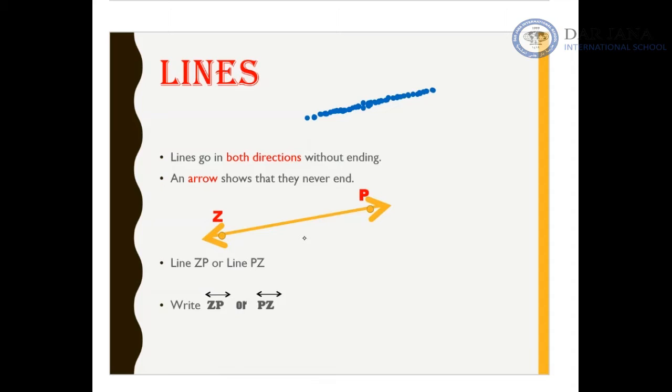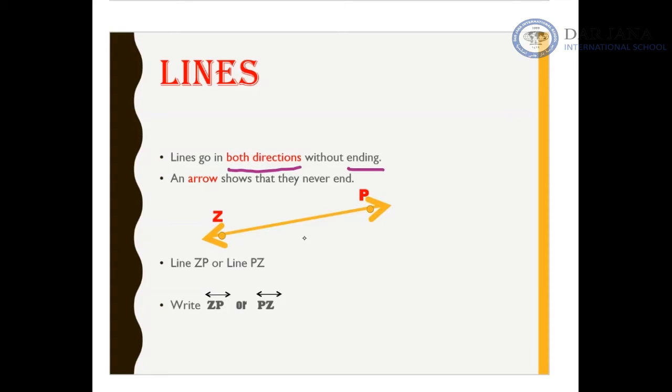So a line is a group of points that can continue from both directions. It can continue from here or it can continue from this side. So a line is a group or a set of points that can continue from both sides without stopping.